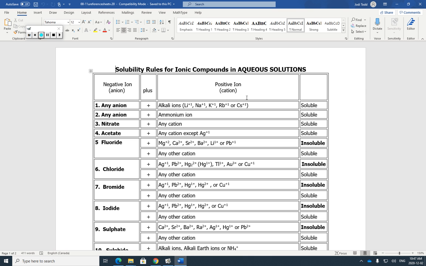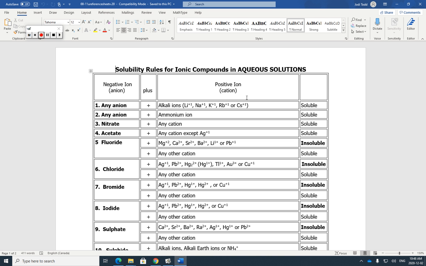So there's a reason why that whole thing basically was nitrate. Anything plus ammonium, soluble. So the most soluble substances, the best ones to dissolve in water, are at the top. You might find other versions of the solubility table, that's fine.